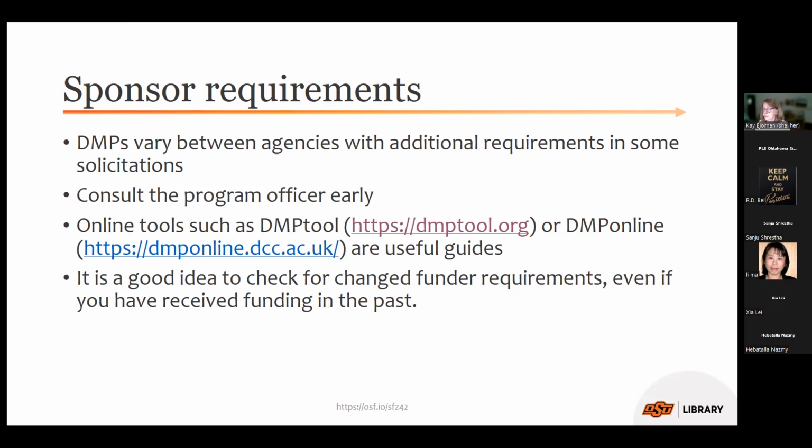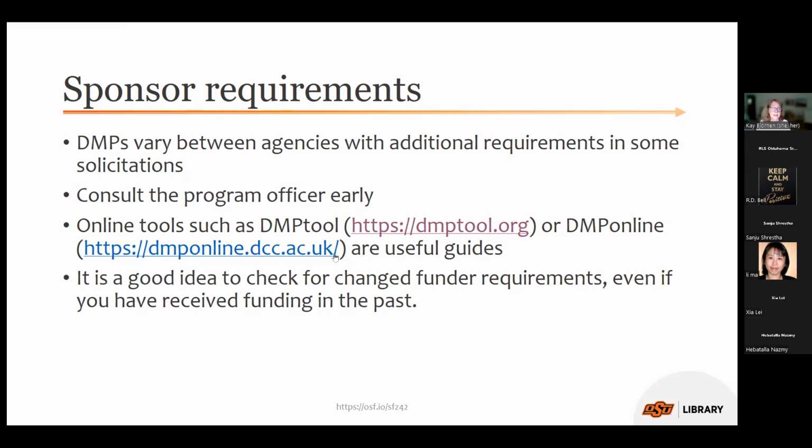Okay, so the next thing is I want to share the DMP tool. All right, so online tools can be incredibly helpful with this. And so I mentioned two of them here. DMP tool is the one I'd recommend because it's US based, but DMP Online is UK based.